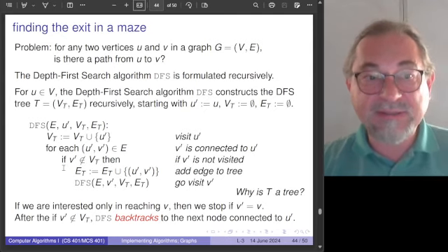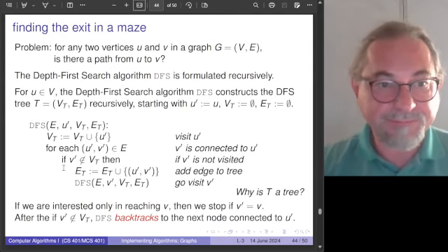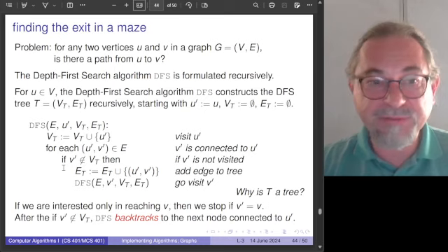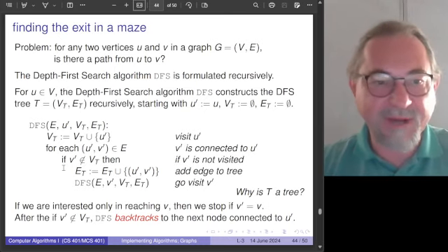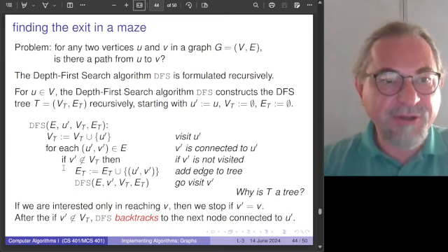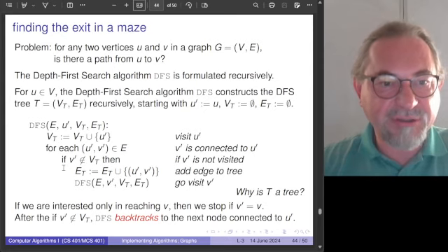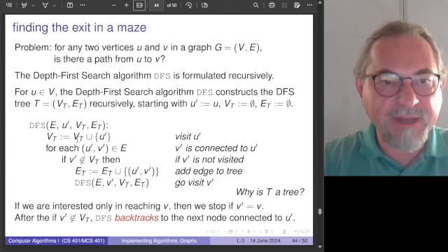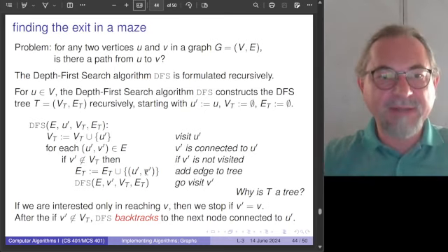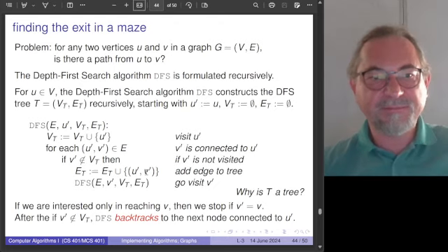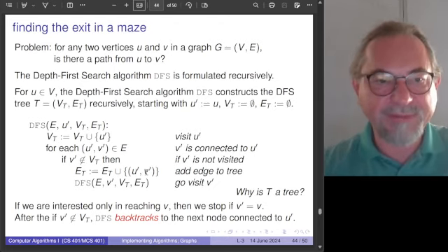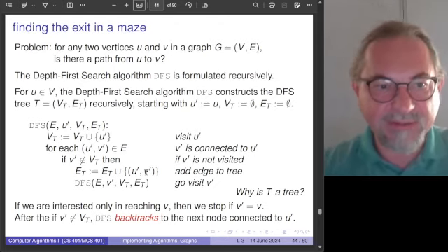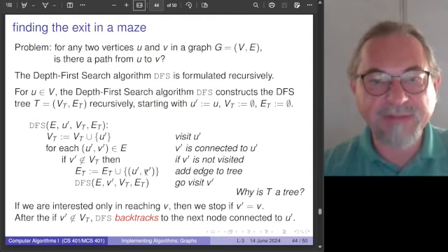Okay, so why is it now a tree? It's probably useful again to think about the characterization. You can see that each time when we update, so we have u prime and v prime, we update the vertex set, and also we update the edge set.